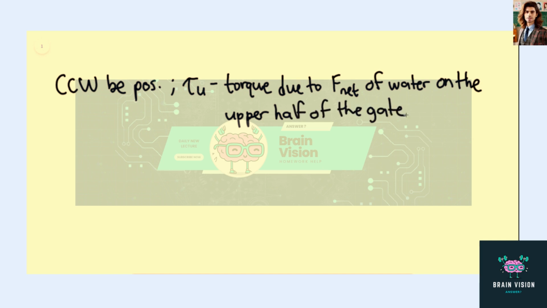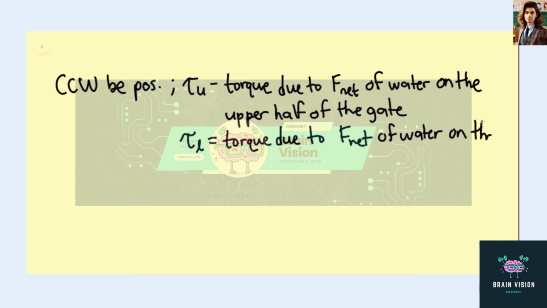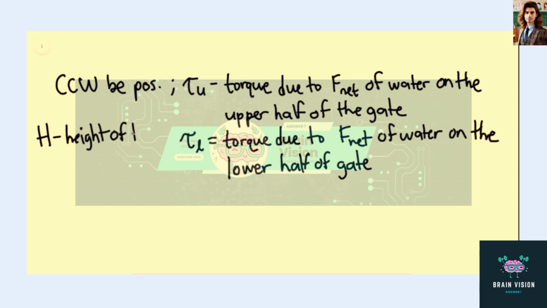We can then say that tau sub L would be equal to the torque due to the net force of water on the lower half of the gate. We can also let h be the height of the gate.